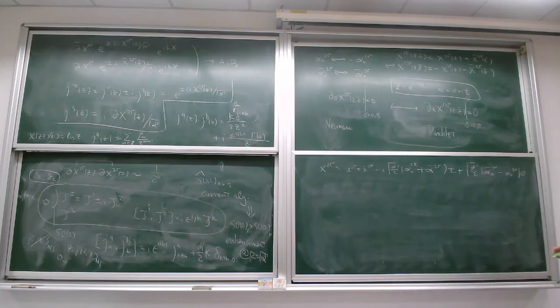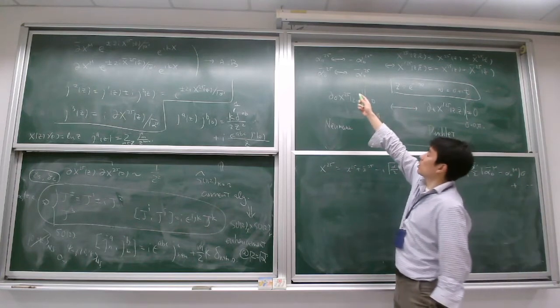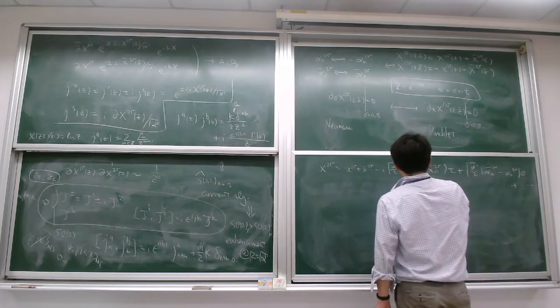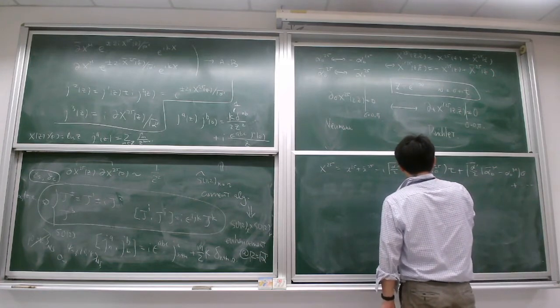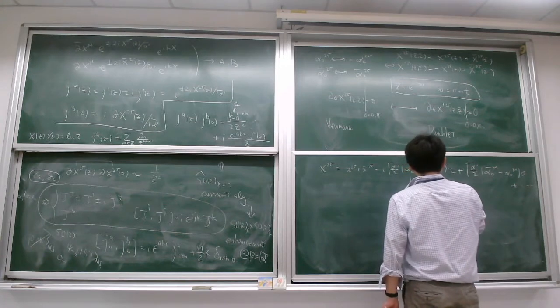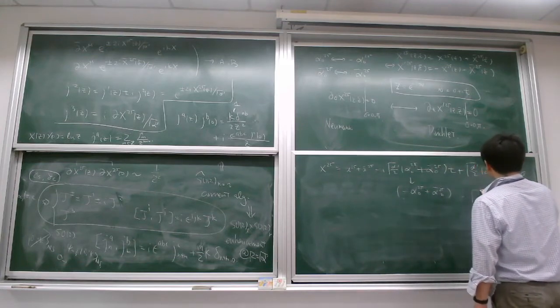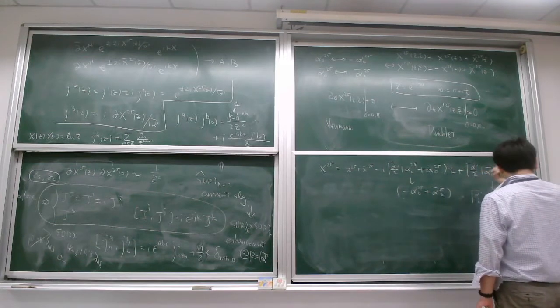Okay, that used to be the case, plus oscillators. And if you swap alpha 0 to minus alpha 0, this becomes alpha 0 25 plus alpha bar 0 25, and this one becomes minus alpha prime over 2.